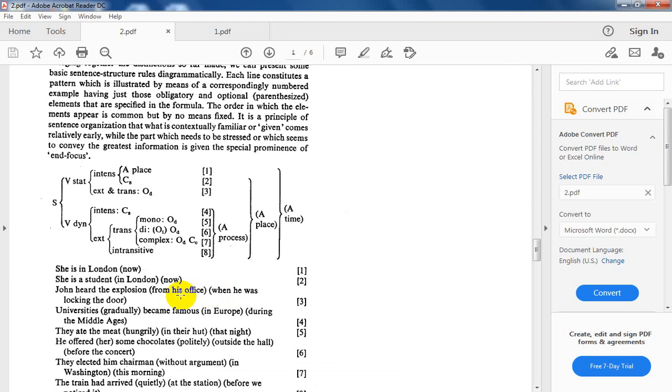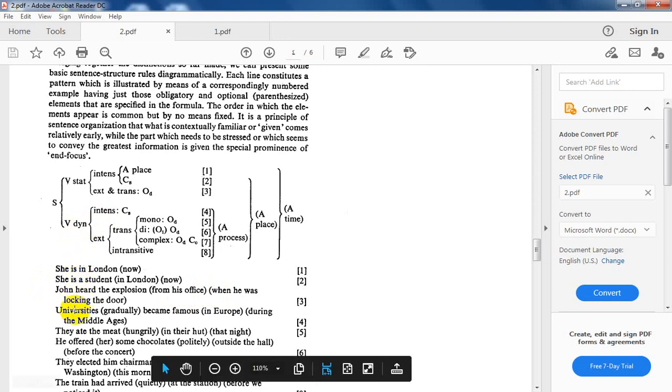The second case, follow me, is the dynamic case. It can be intensive dynamic. Intensive dynamic verb, when: Universities became famous.